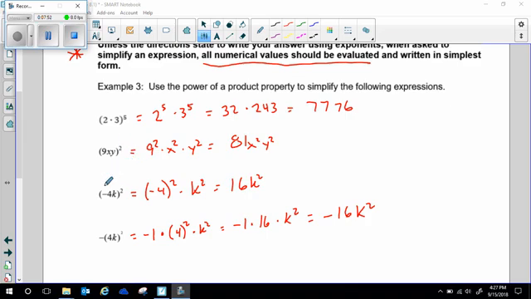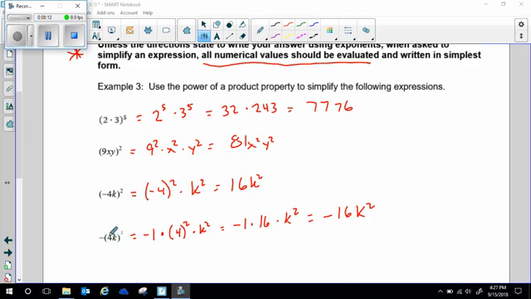All right? This second to the last one, hopefully everybody recognized that the negative 4 was in parentheses. So the negative 4 is what's being squared. So the ultimate answer turns out to be a positive 16k squared. And that's because a negative 4 times a negative 4 is a positive 16.